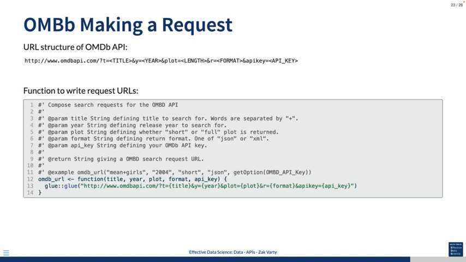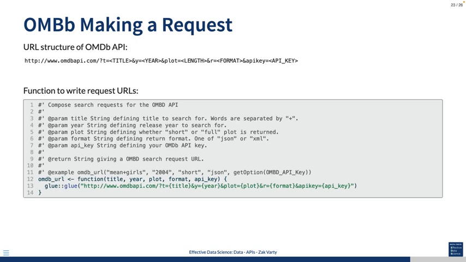So now that we've done our setup, how do we actually make a request to the OMDB database? Well, looking on the OMDB website, you can see that the URL structure for any request to the API has the following form. It's going to be the URL to the OMDB API, and then following the /, we've got a sequence of characters that let us specify the query we want to make.